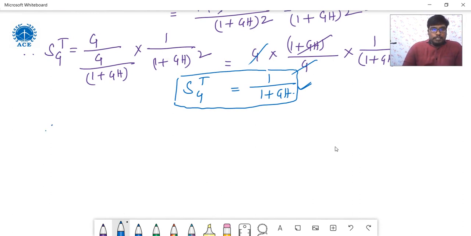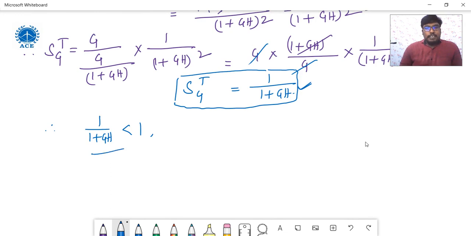See, this particular factor, 1 by 1 plus GH, is less than 1. If we consider GH is a positive number, therefore this value must be less than 1.